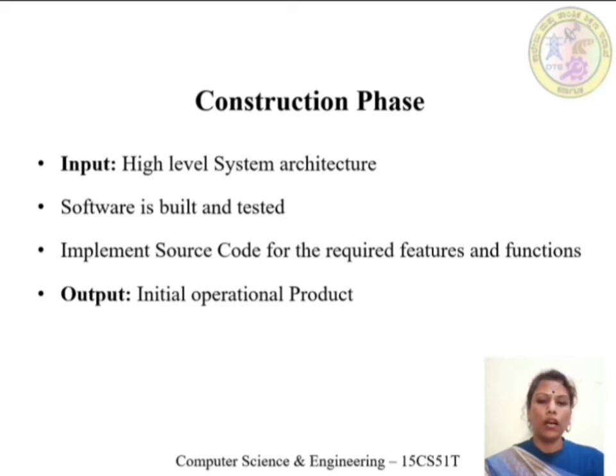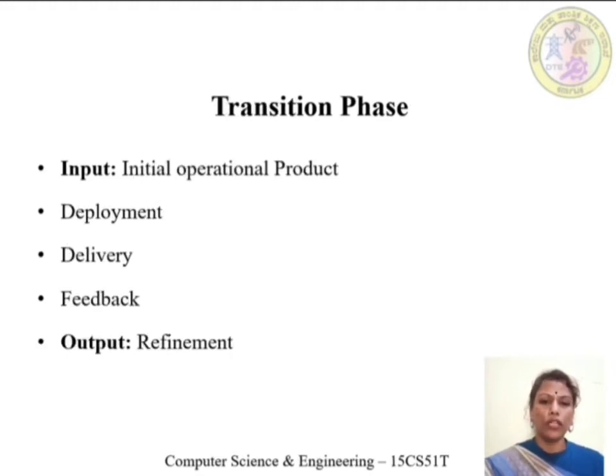Let's see, after getting an initial operational product, what we are going to do in the next phase, that is the transition phase. In the transition phase, the input is the initial operational product, and this initial product is deployed in the client's environment.